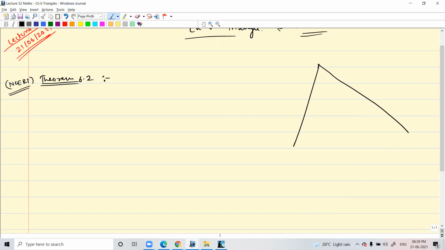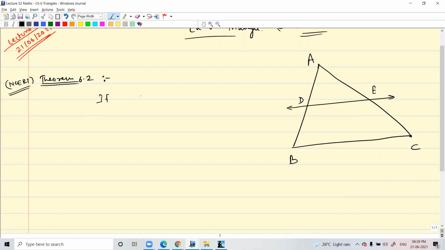Let's say I have a triangle ABC. And I'm saying that there is a line DE which divides these sides AB and AC into equal ratios.